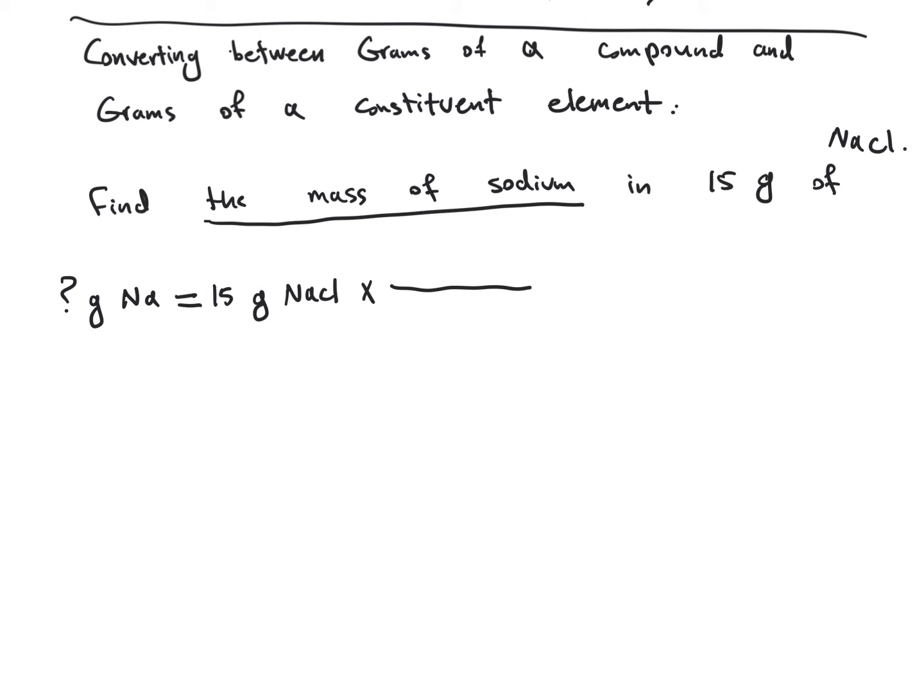But if you remember, we had an important concept to relate grams to moles of an element or a compound. Do you remember what it was? How do you relate gram and mole?